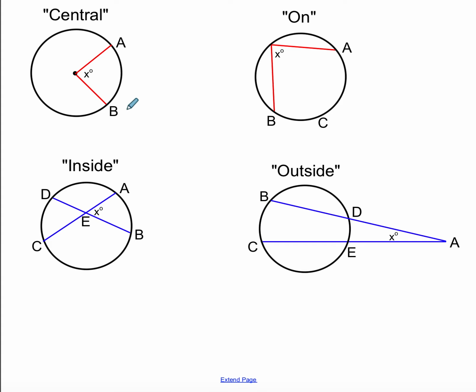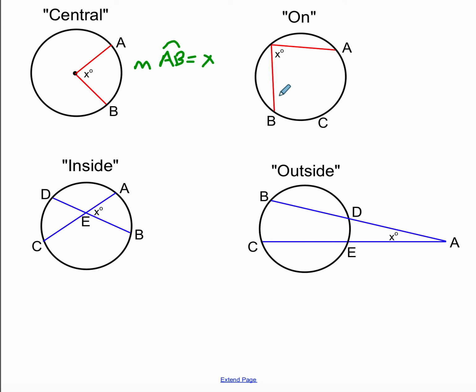What I might do is write down each of the rules as it pertains to this picture on your cheat sheet. So for example, for this one, we could say the measure of arc AB is X. Okay, and then I'm writing central. That's the only word I'm using, so you can only use one word per picture, and you're not cheating.